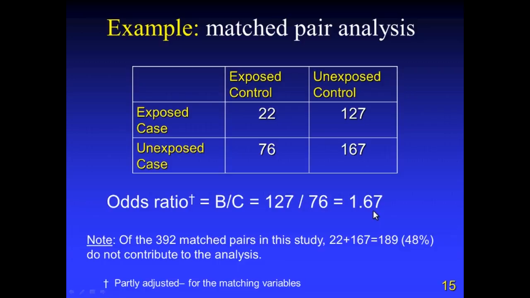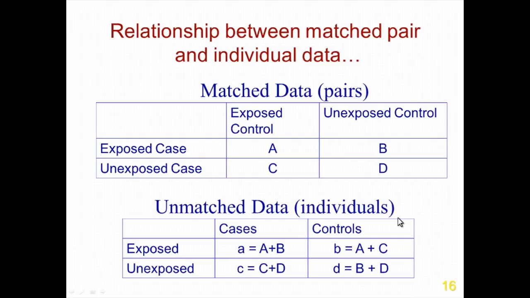That gives you an odds ratio of 1.67. But 48% of pairs don't contribute to the analysis. And we can say, just by the very fact of matching, this odds ratio is effectively adjusted for the matching variables, whatever they may be, or maybe just one variable.